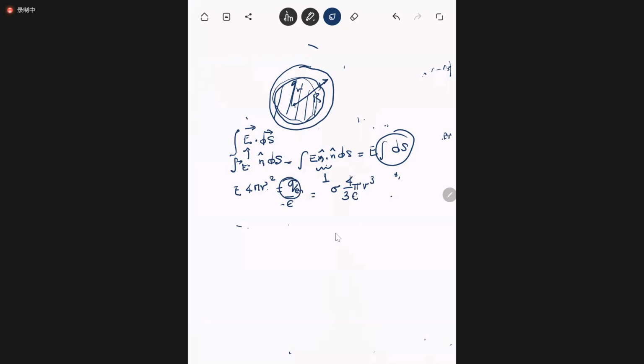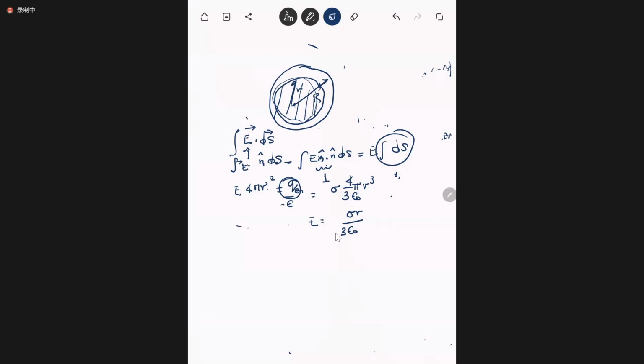And then epsilon should be over there. So from here, I can solve for E. And E in that respect is, again, the 4 pi and 4 pi will cancel, so E equals sigma r over 3 epsilon 0, which is pretty much reminiscent of what we've done before.